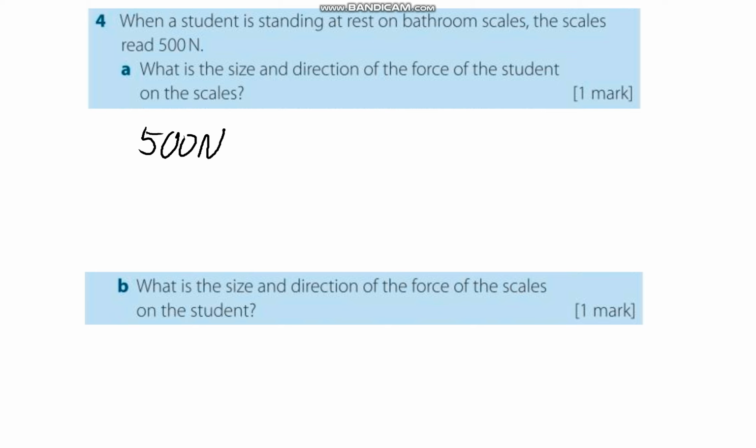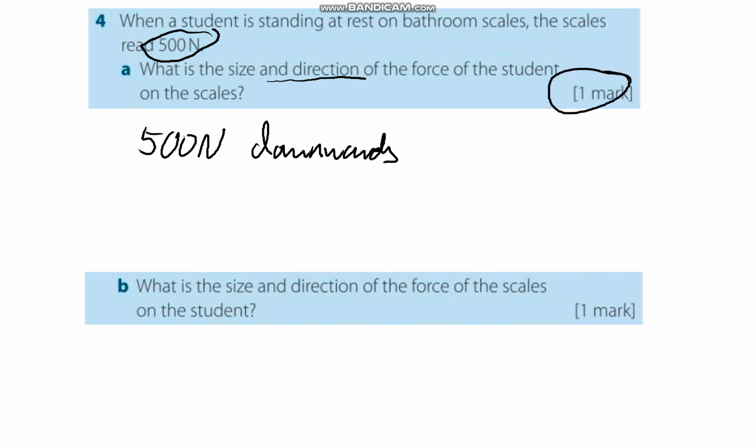Now if you had scales that were weighing in kilograms, you would need to convert kilograms to newtons, but in this case we don't, because we've been told the size of the force of what the scales are reading in is in newtons. And then the size and direction of the force of the student on the scale, so it's 500 newtons downwards. 1 mark, so you need both the size and the direction to get that mark.